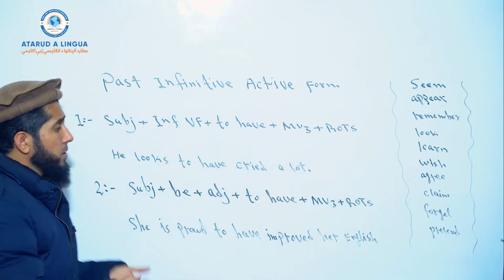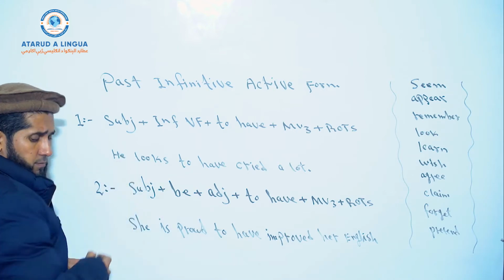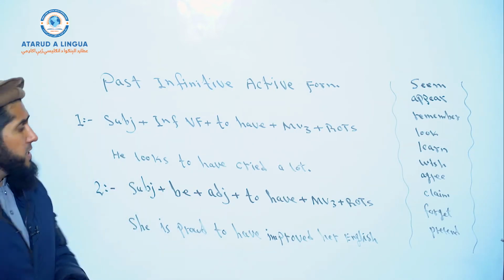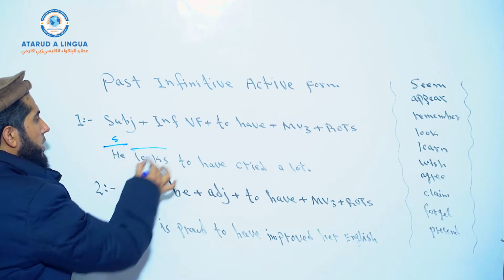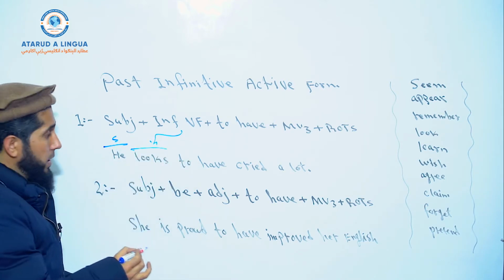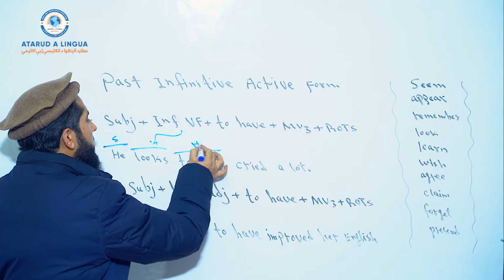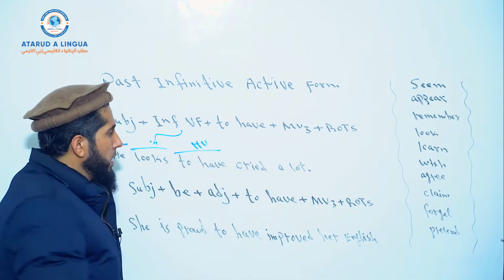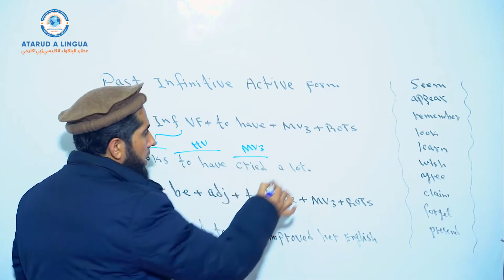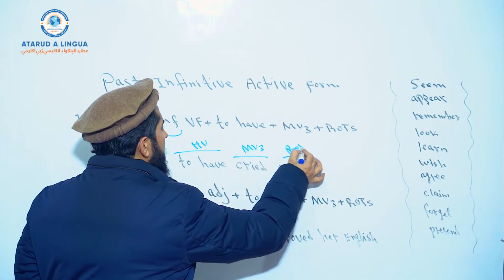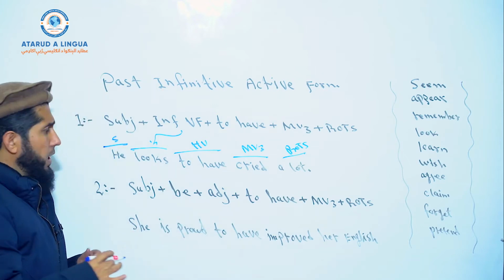So look at this example. What is he according to the structure? Subject. What is looks? Infinitive verb form. Okay. What is to have? A helping verb. And cried, main verb in third form. And a lot is the rest of the sentence. So look, he looks.